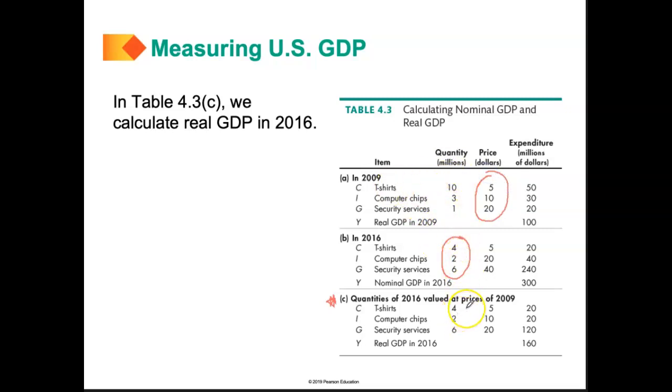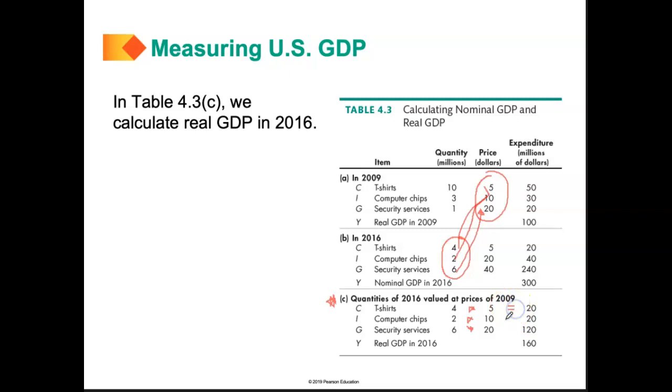So in this sense, it's going to be 4 times 5, and then 2 times 10, again the quantity of computer chips in 2016 times the price of computer chips in 2009. And then 6 times 20, the quantity of security services in 2016 times the price of security services in 2009.